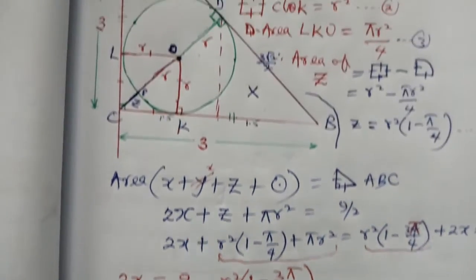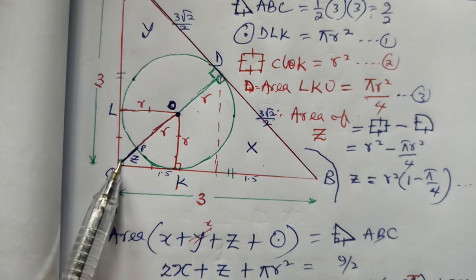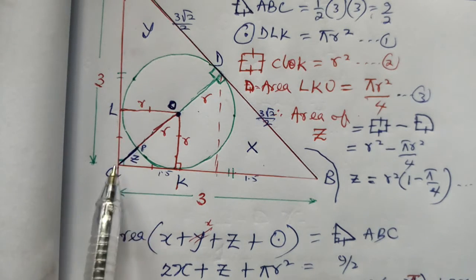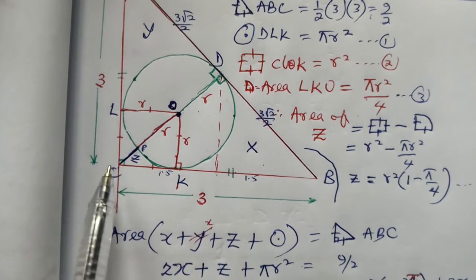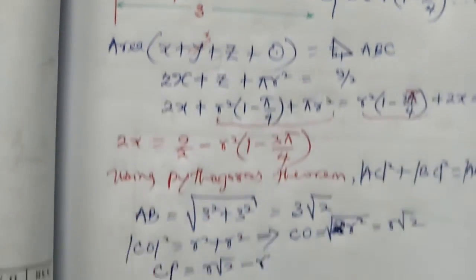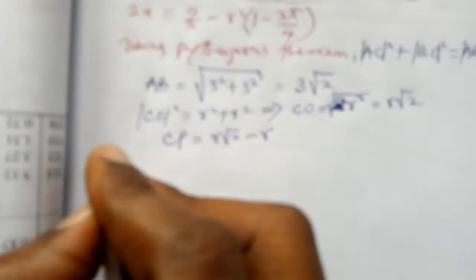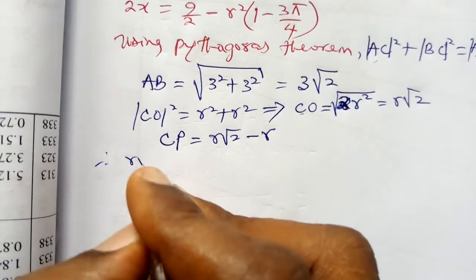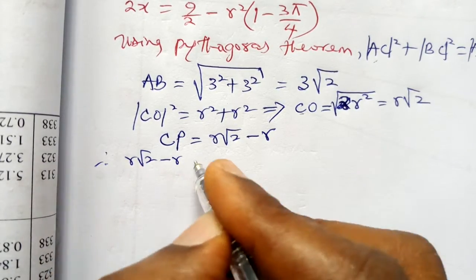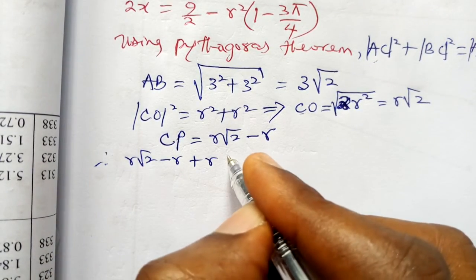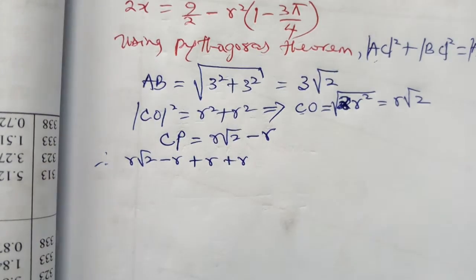So since we have now found it to be r root 2 minus R, we will add them and equate. So we add, therefore, r root 2 minus R plus R plus R.